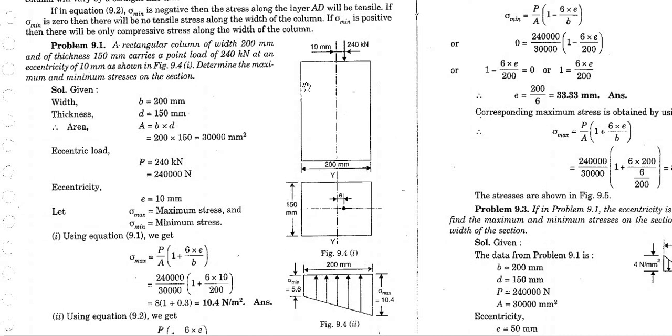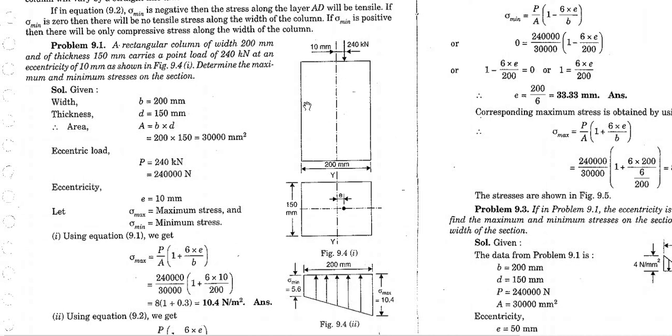In this column, the force has been applied in an eccentric way. From the center of the column, this force has been applied at some distance. That distance is given here as 10 millimeter. So from the center, 10 millimeter far, this load is applied.